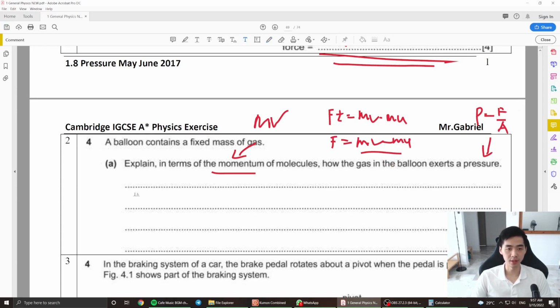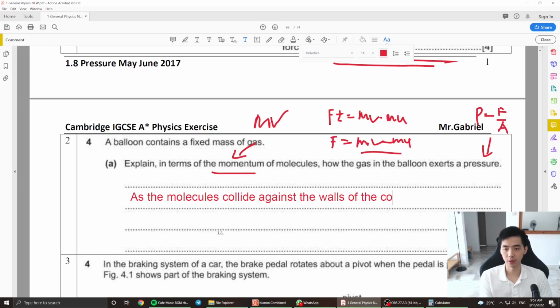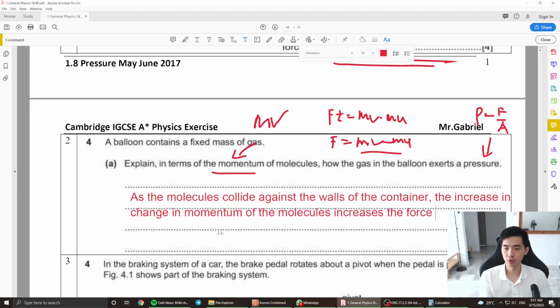So if I were to answer this here, I'll say that as the molecules collide against the walls of the container, the increase in change in momentum of the molecules increases the force exerted on the walls of the container, thus increasing the pressure in the balloon.